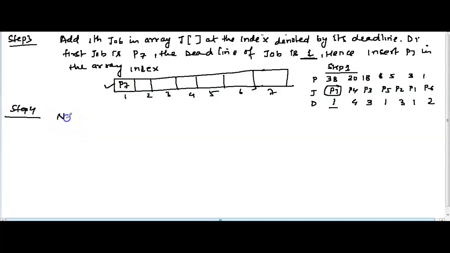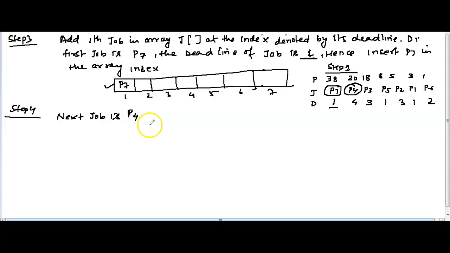Step 4: check the next job, which is P4.